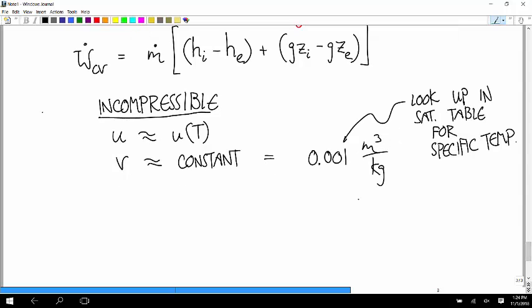Okay, and now the specific enthalpy is just equal to the specific internal energy plus P times the specific volume.